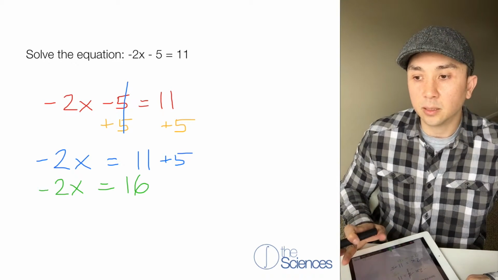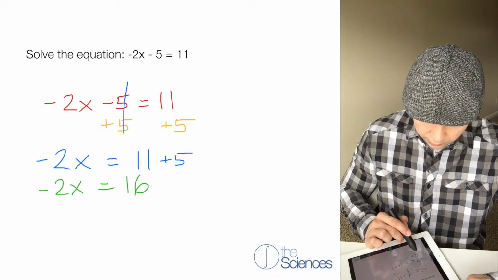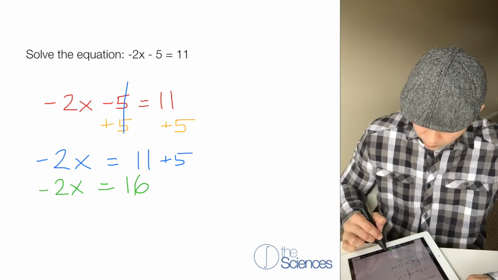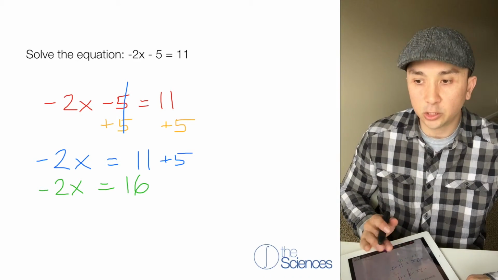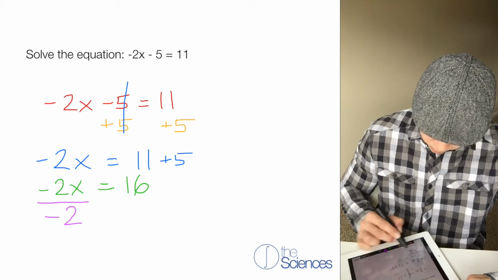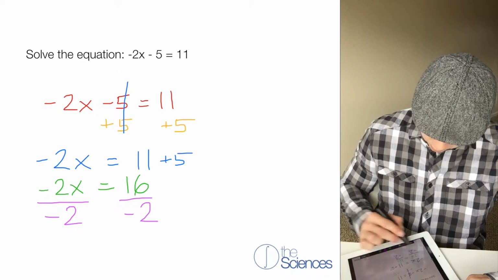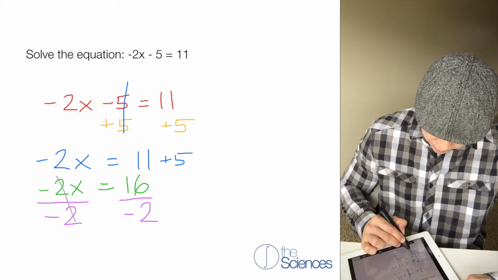So now we're going to divide to get negative 2x to the other side. We're going to divide by negative 2. So negative 2x divided by negative 2, and 16 divided by negative 2. So these cancel out.